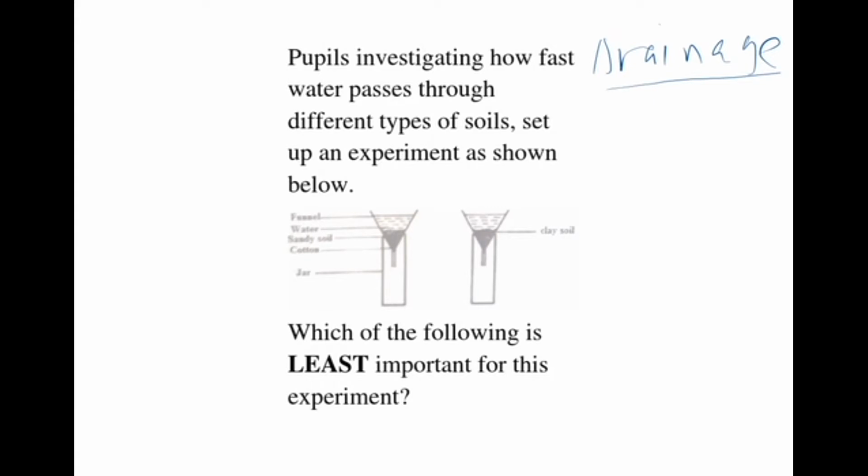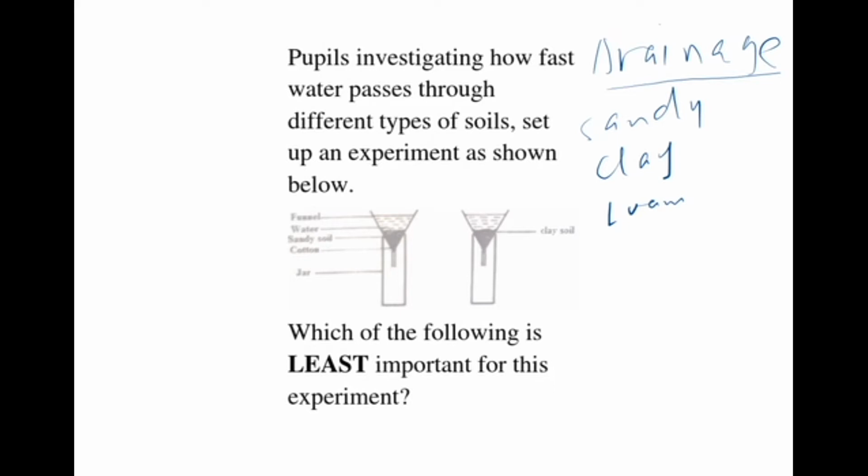So these soils include sand soil, clay soil, and then loam. These soils have different abilities to allow water to pass through them. The rate at which they allow water to pass through is determined by the sizes of the soil particles.